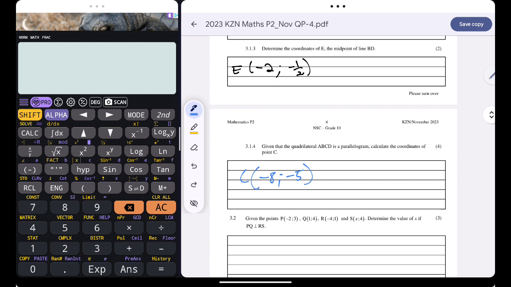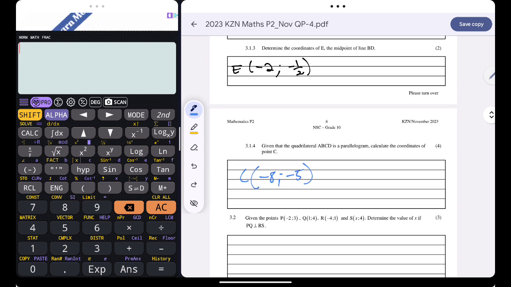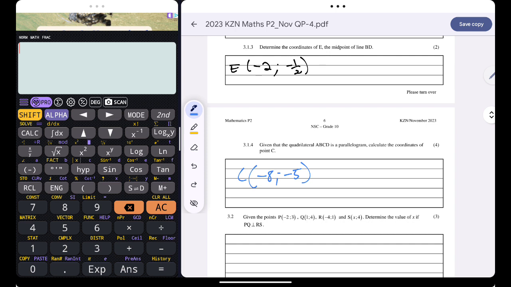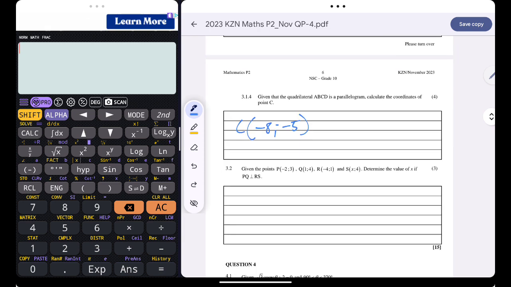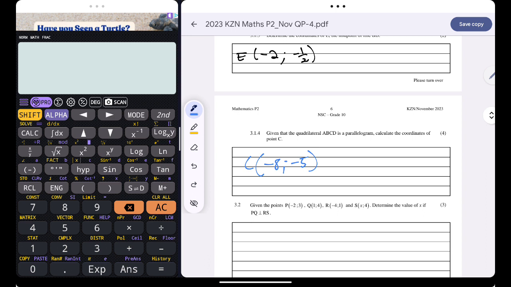Okay, given that PQRS are the vertices. Okay, given the points P, Q, R, and S, determine the value of x if PQ is perpendicular to RS. Okay, now it's a different thing.